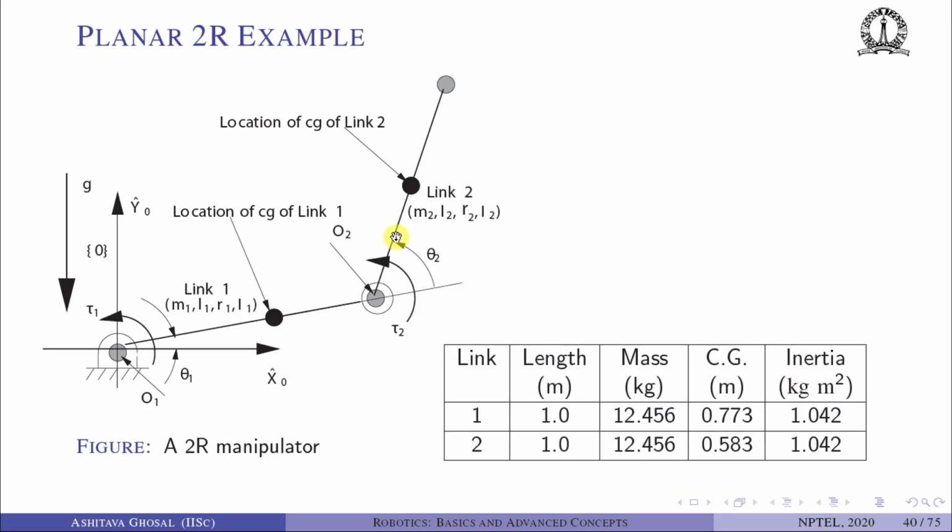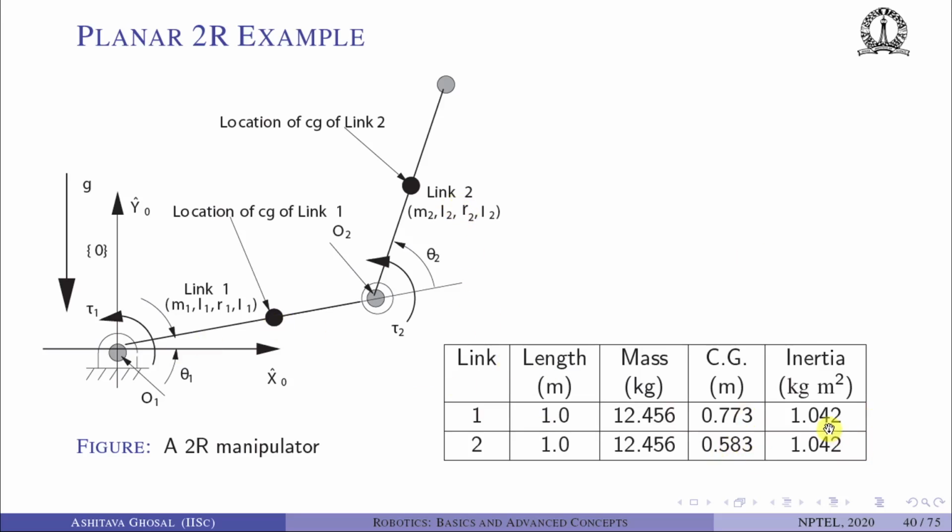In order to compute tau 1 and tau 2, we need to first assume some mass, length, inertia, and location of the CG. So in this numerical example, we have assumed that the lengths are 1 meter, the mass is approximately 12.5 kg, and the CG is located 0.773 meters away in the first link and 0.583 in the second link.